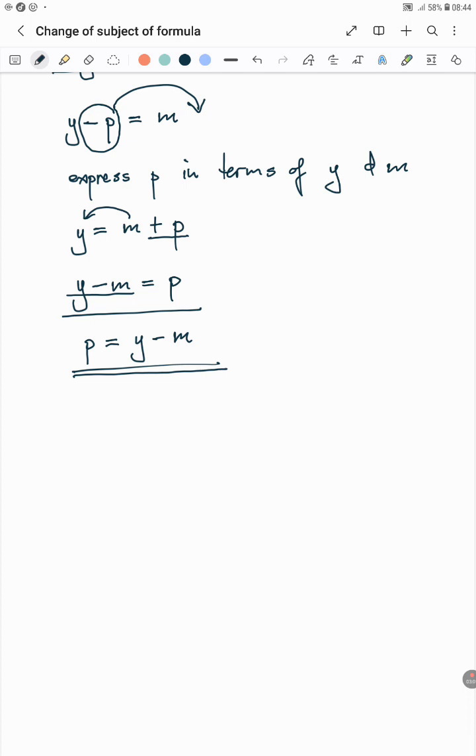If we have an example like this one, y over c is equal to w, and you are asked to make c the subject of formula.